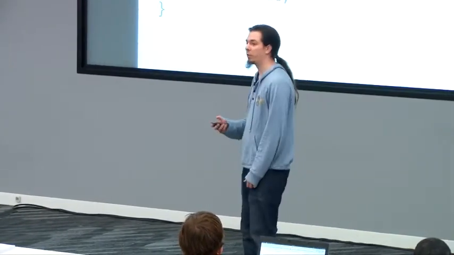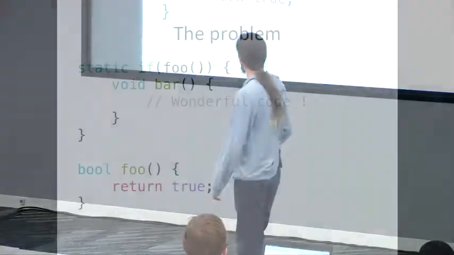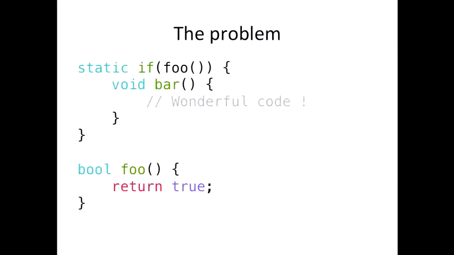Okay, so a quick explanation of the type of problem you have. This is very, very simple code. You have a function that is declared within a static if with some CTFE as the condition of the if. The usual structure of a compiler is that you have several passes, and in each pass you do a part of the processing, and then in the other pass you do the next part, and so forth.